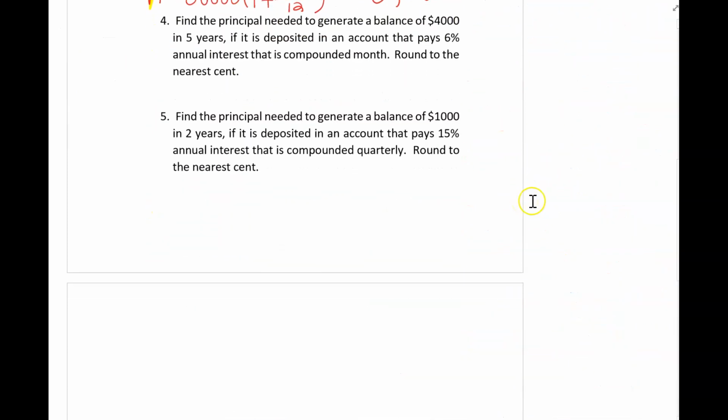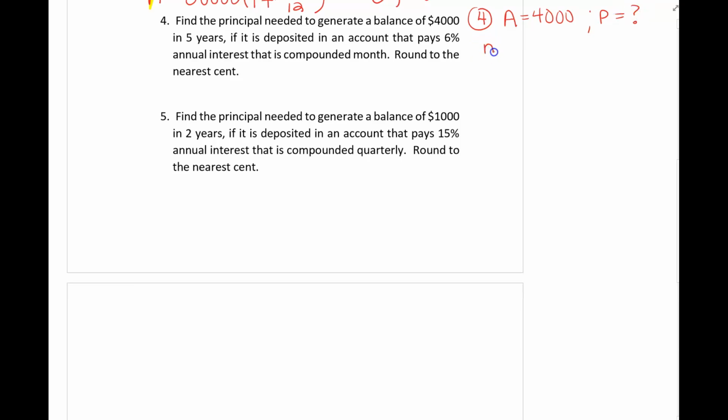So for number 4, I'm going to go over here and work number 4. In this case, we have A is equal to 4,000, not P, because P is what we're asked to find.